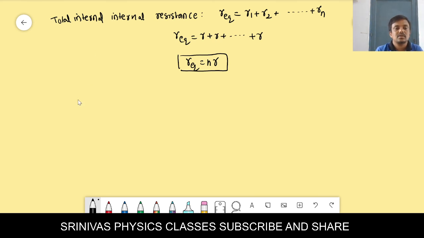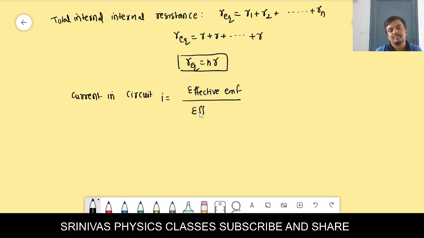If you want the current in the circuit, then the current formula is effective EMF by effective internal resistance, or equivalent EMF by equivalent internal resistance. What is the effective EMF in this?